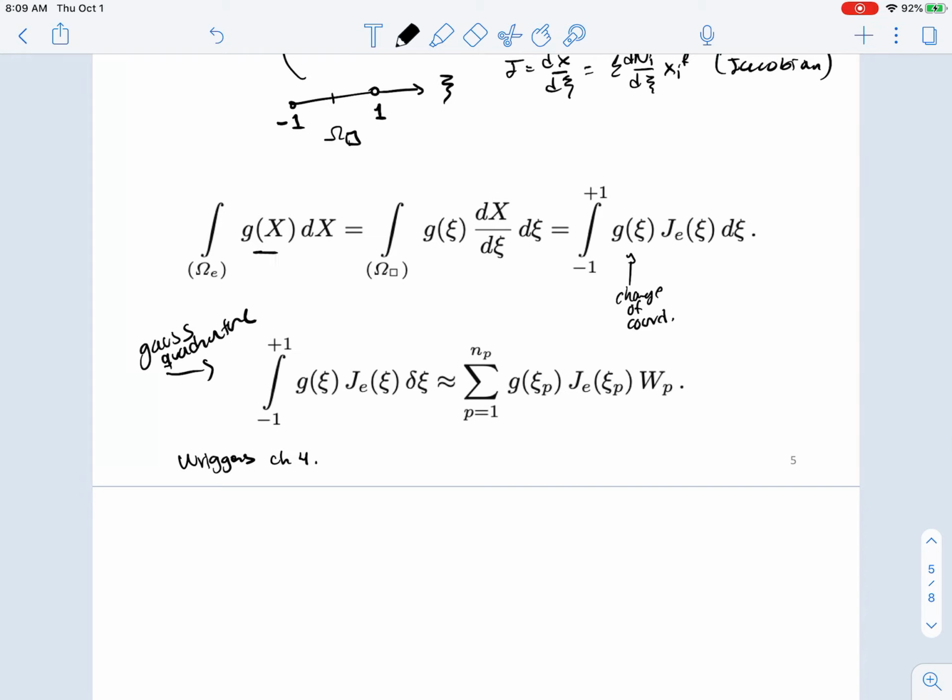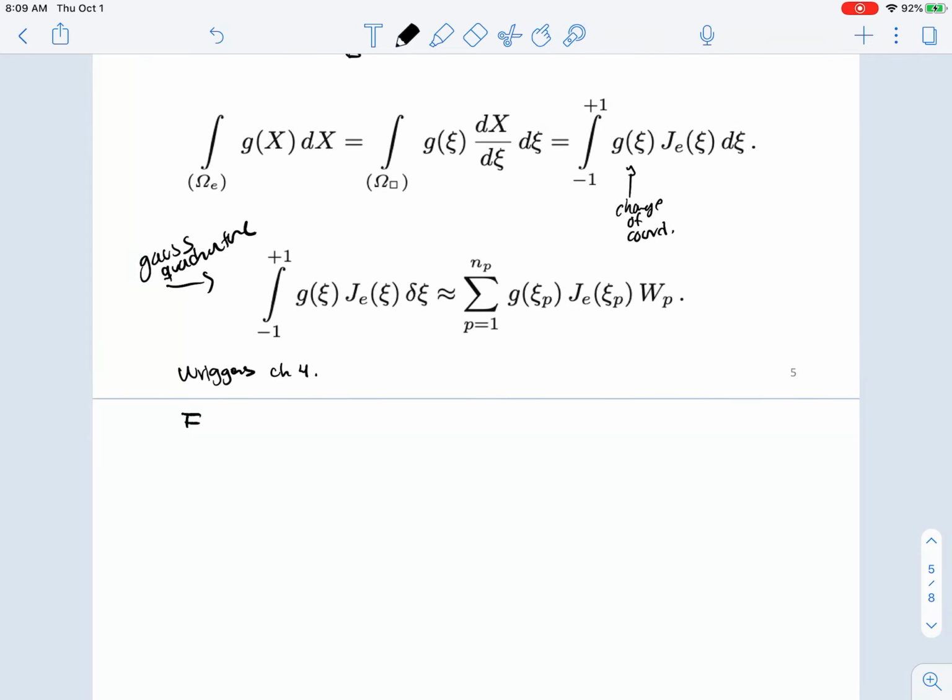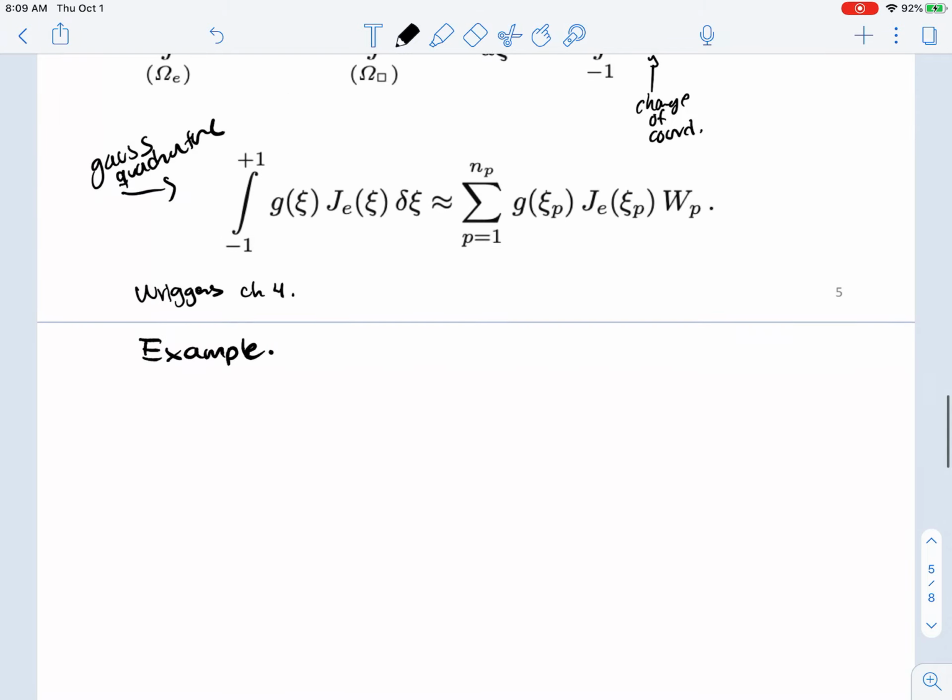Let me just do one clarification here, because there are two ways to do this change of coordinates between g of x and g of xi. Well, let me just do an example. Let's do two examples.